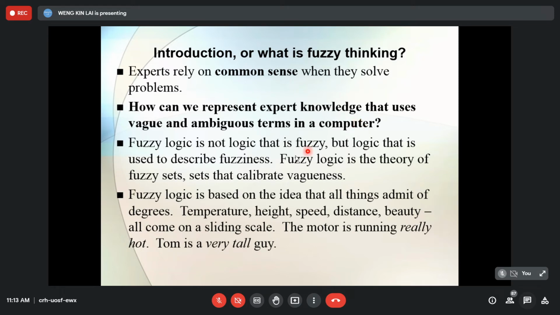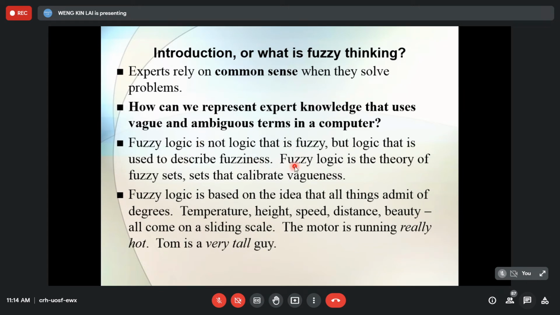Fuzzy logic is not about logic that is fuzzy, unclear, but logic that is used to describe fuzziness. So I can see a main difference here. Fuzzy logic is not to describe the logic that is fuzzy, but the logic that is used to describe such fuzziness. That is fuzzy logic.